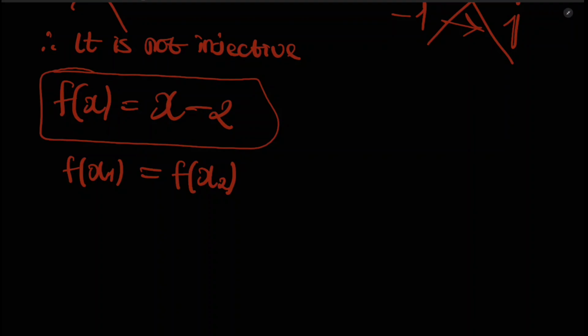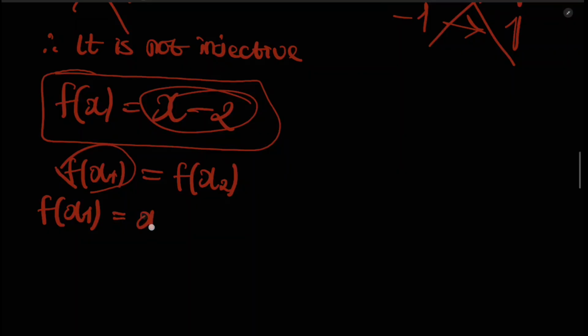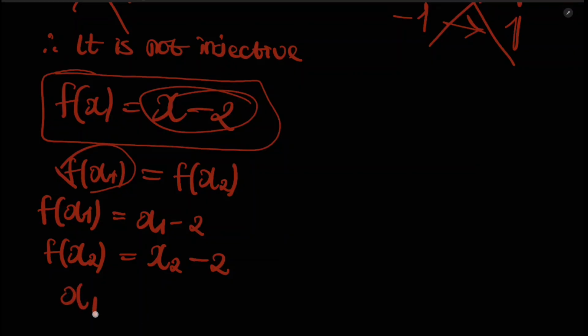We take the first case, f of x1. We simply substitute x1 into this equation, so it's simply x1 minus 2. The second case, f of x2, will also be simply x2 minus 2. Now we equate them, so they should be equal. x1 minus 2 equal to x2 minus 2.